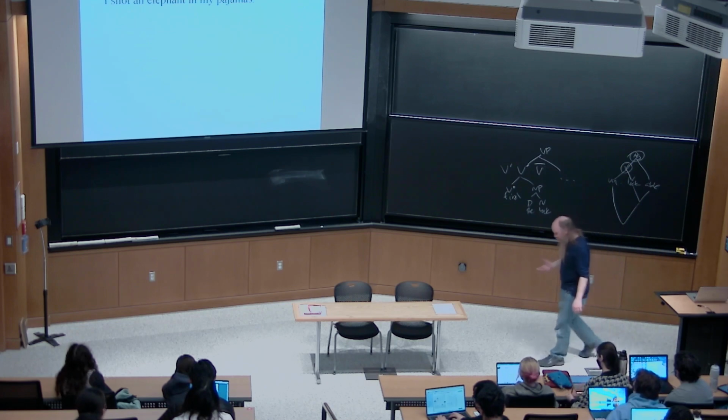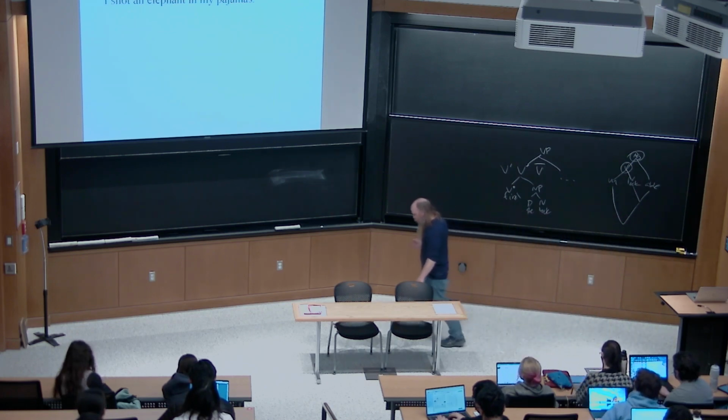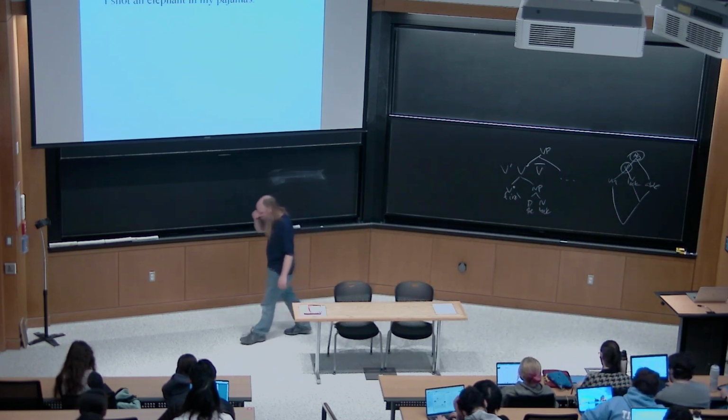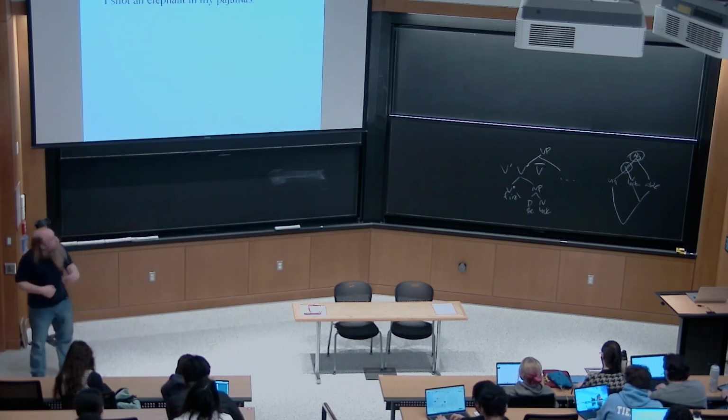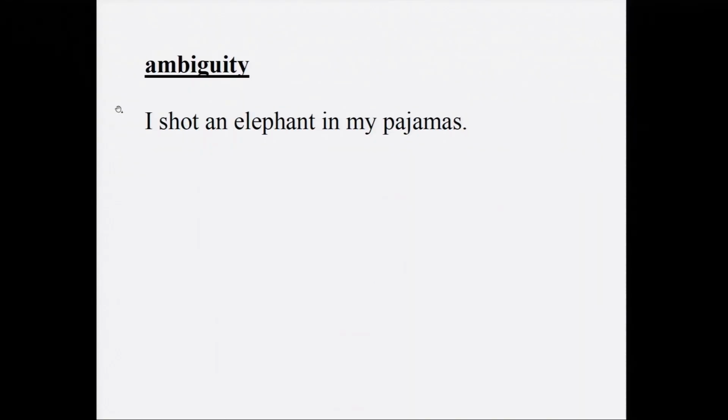Another thing that it gets us, and this is sort of the heart of the reaction that I was getting last time when I showed you the tree that I wanted to do for that sentence, is that there are cases of ambiguity. So this is a classic Marx Brothers line in Animal Crackers, I think. Groucho Marx says to someone, I once shot an elephant in my pajamas. And there's a pause.